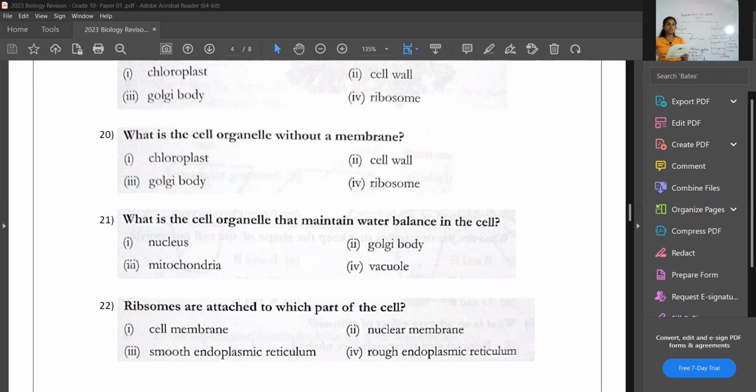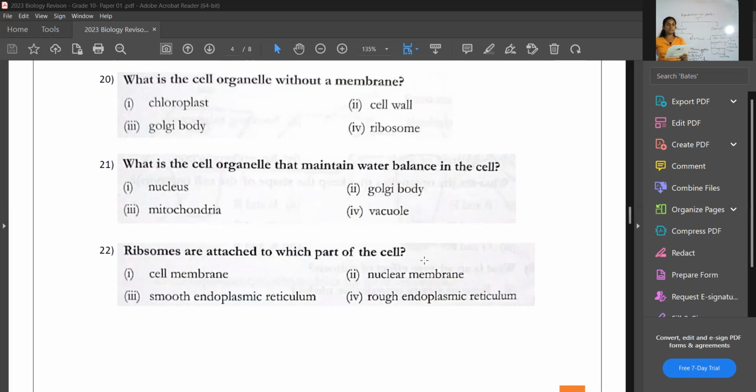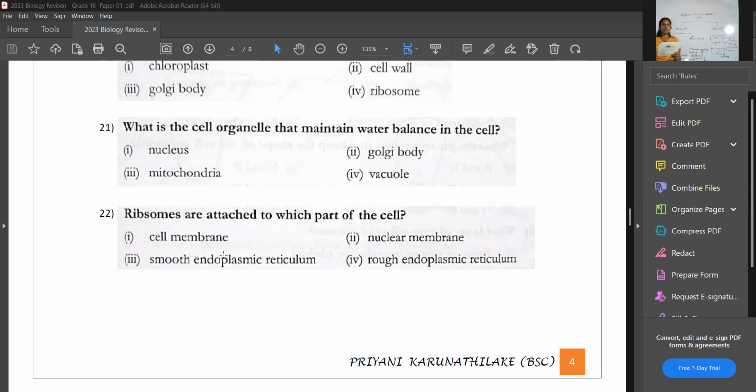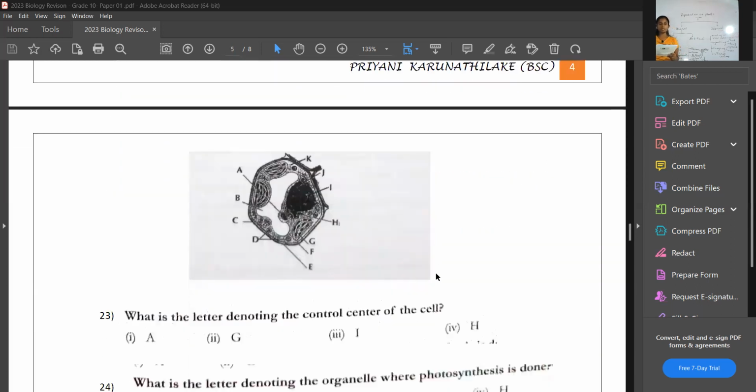Fourth answer. 22, ribosomes are attached to which part? Right? It should be endoplasmic reticulum. If the ribosomes are attached, we name it as rough endoplasmic reticulum. Rough endoplasmic reticulum. Right? Here you are given a figure of a cell.